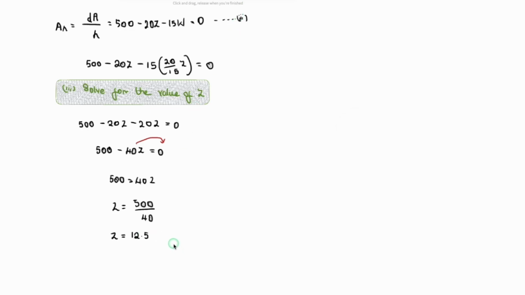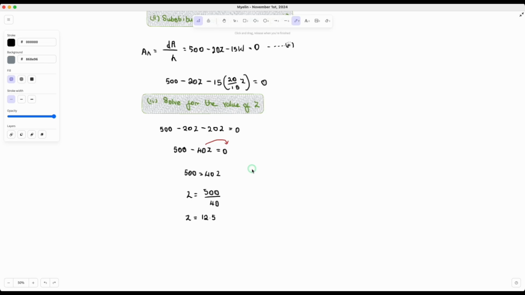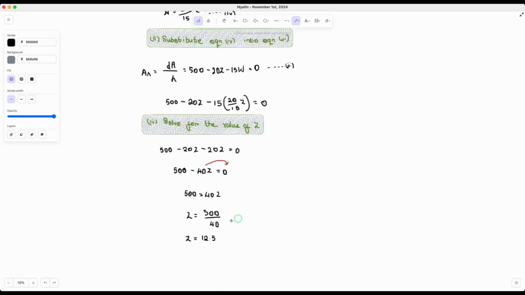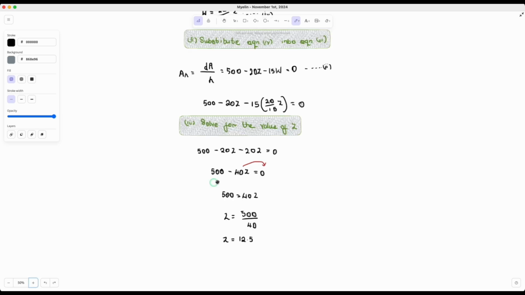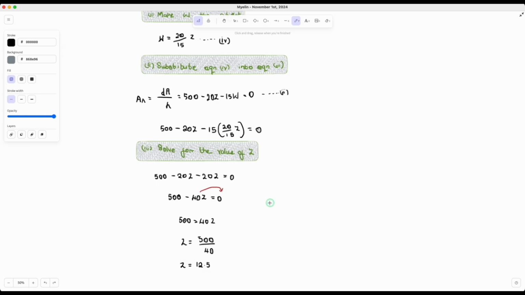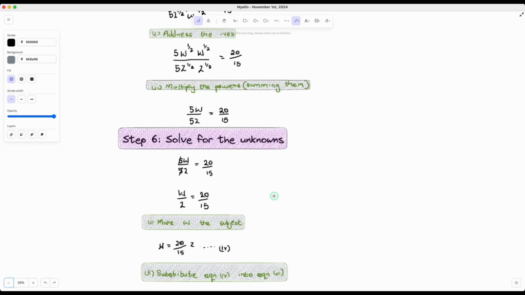Now since I have the value of Z, remember there are two unknowns. I still need to proceed to solve the value of the other unknown, which is the W. Now there are multiple equations that I can choose to substitute the value of Z in to solve for the value of W. Perhaps I can try and find which is the simplest equation to substitute the value of Z. If I just scroll up here, you can see there's an instant where I had chosen to make W the subject and I'd called it equation 4.